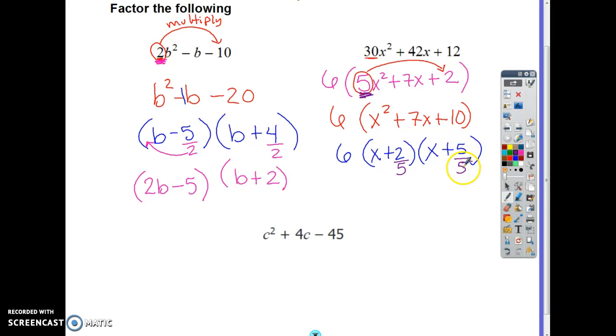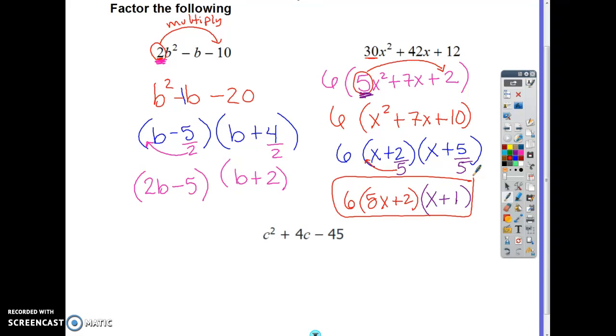This one. 5 divided by 5 gives you x plus 1. This one cannot be divided. I mean, you can type it in decimals and check. That's the lowest it's going to go. So you move this 5 to the front, and it becomes a 5x plus 2, and bring down the 6. This is the final answer. Those are your factors of that quadratic.